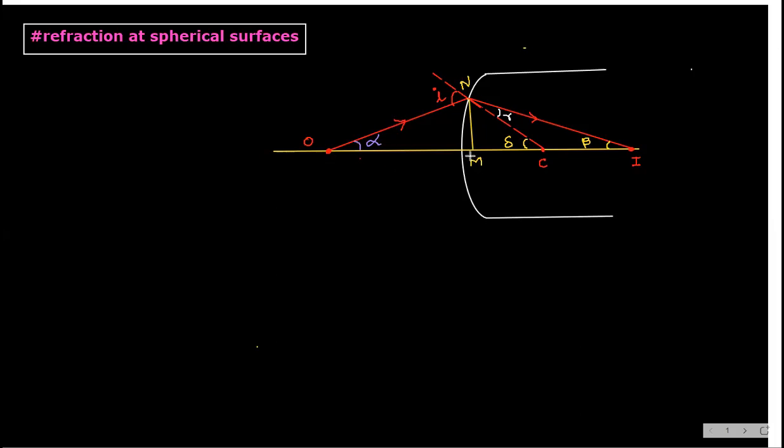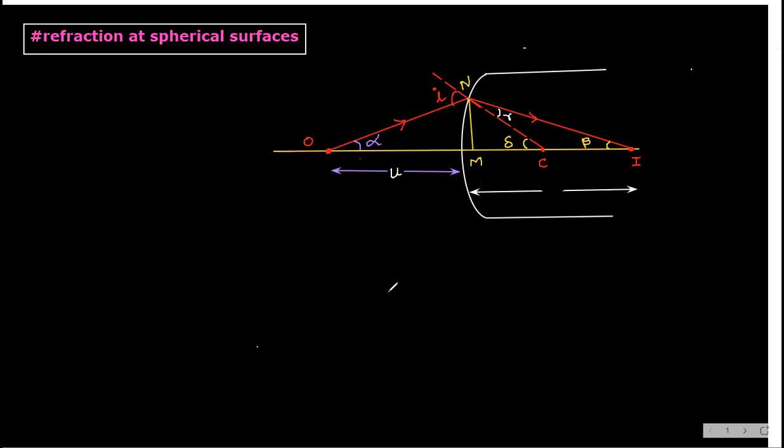From O to this point, that is the object distance, so I am denoting it as U. Now from the image to this point is the image distance, and I am denoting it with a V.